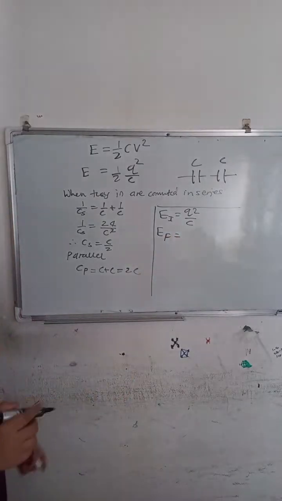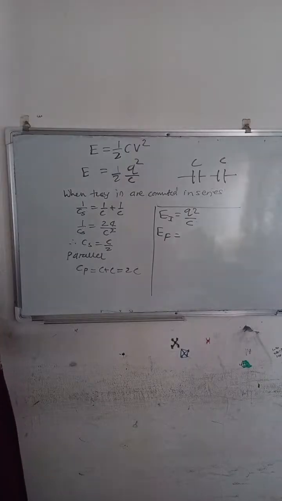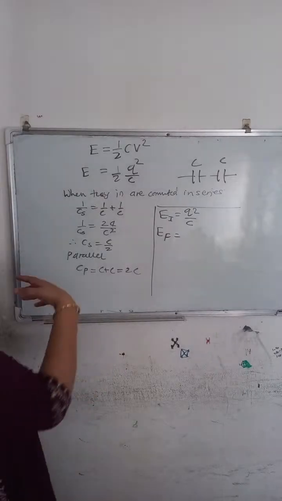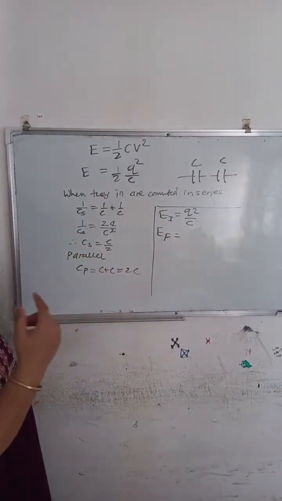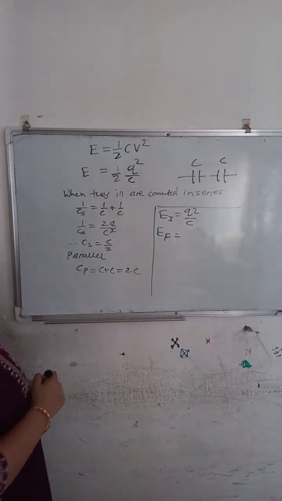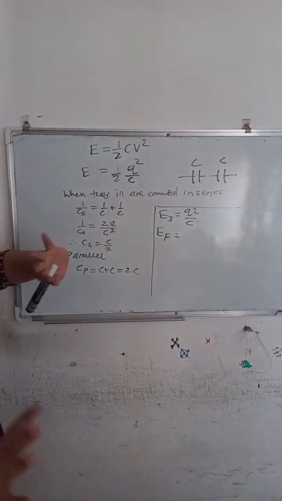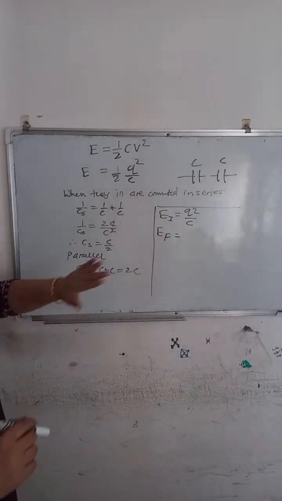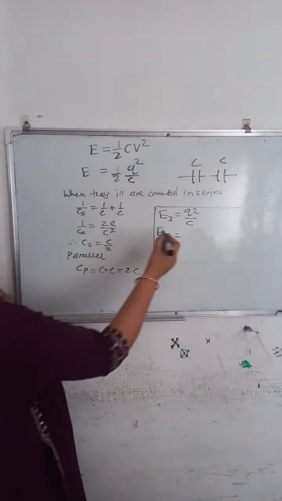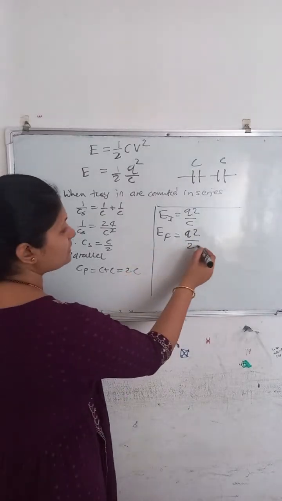Now for the final energy, they did not clearly mention which combination this is, whether parallel or series. We don't know whether they are connecting in parallel or series. But for our convenience, I can take the parallel combination. If these two capacitors are connected in parallel, then their final energy stored is Q square by 2C, as the total capacitance is 2C.